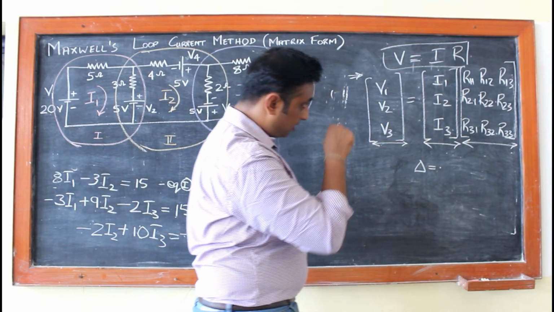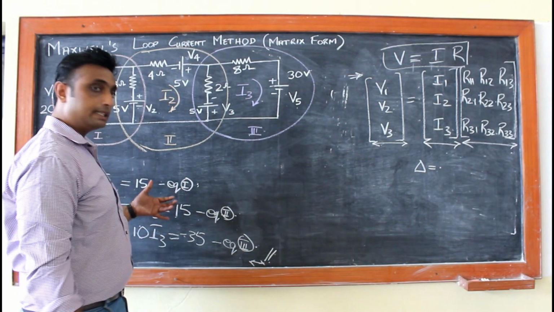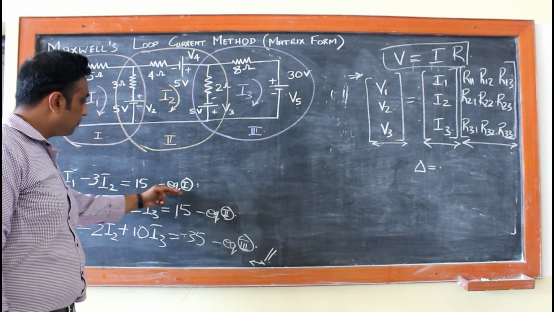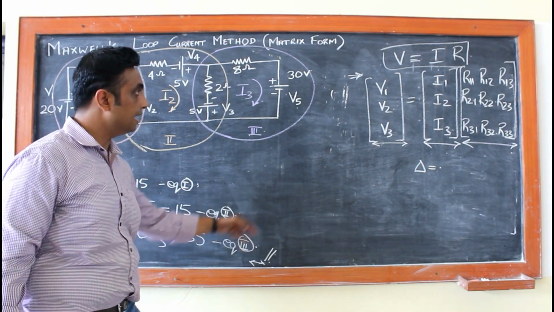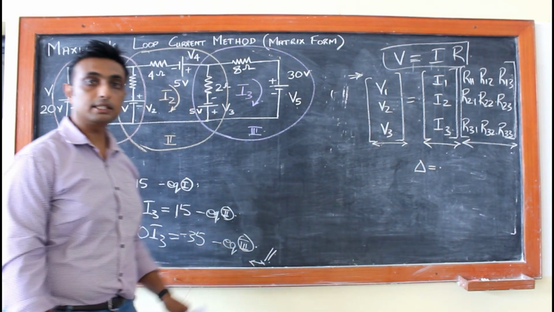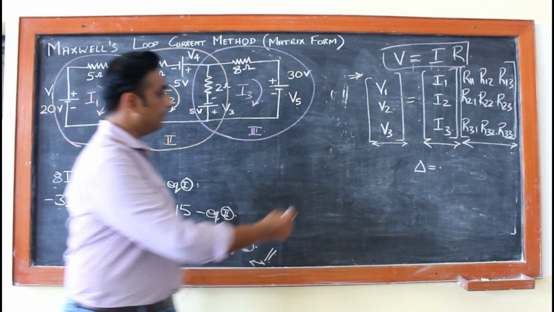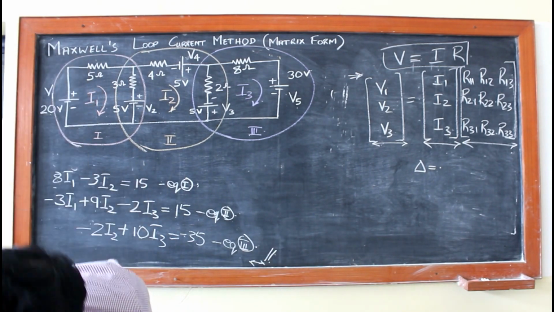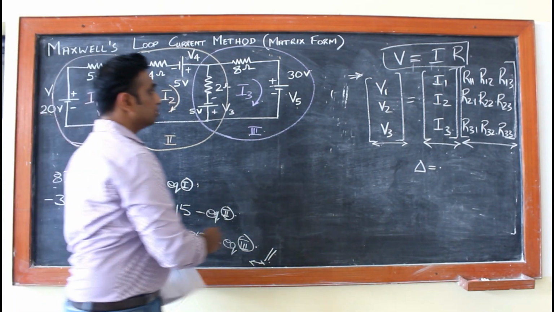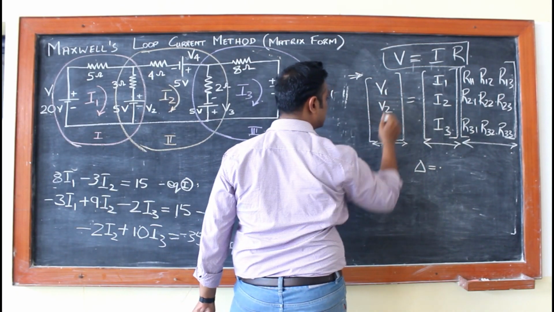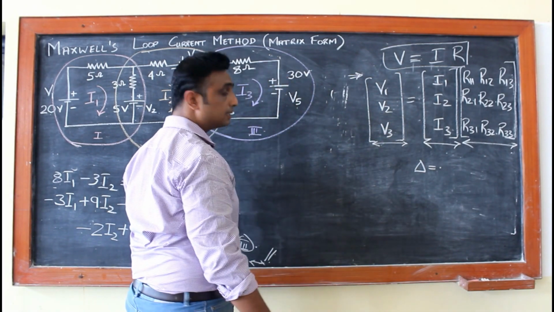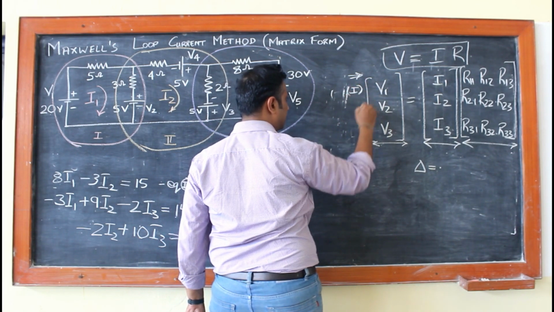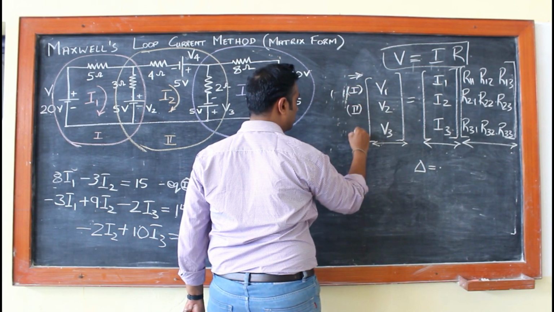Now, before we come to the resistance matrix, it is important for us to transfer all the values in equations 1, 2 and 3 into this matrix form. So, we have V1, V2 and V3. What does V1 represent, what does V2 represent, and what does V3 represent?